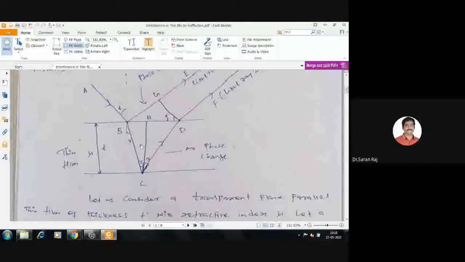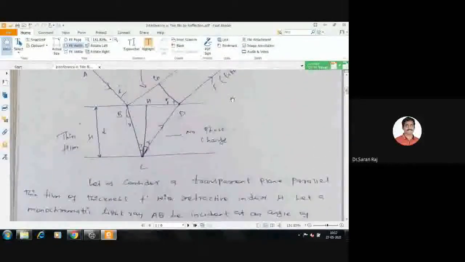The ray BC will be reflected into the film and emerge through the film as the light ray from D to F. That is light ray 2. These two light rays superimpose, depending upon the path difference. Based on the path difference between light ray 1 and light ray 2, they produce the interference pattern.